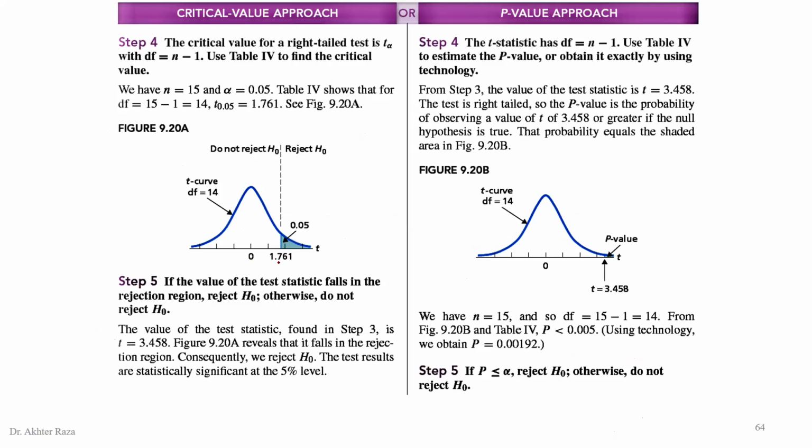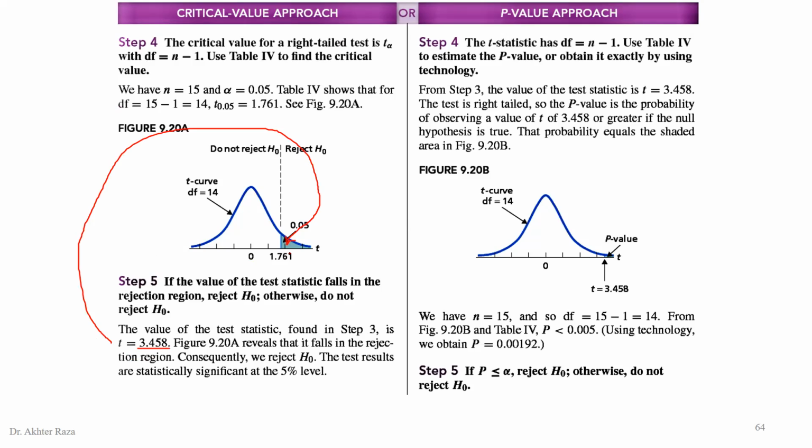So 1.761 is the critical value and this is the calculated value, which is 3.458. 3.458 is in the critical region and the null hypothesis is not assumed to be true. It is supporting the alternate hypothesis.